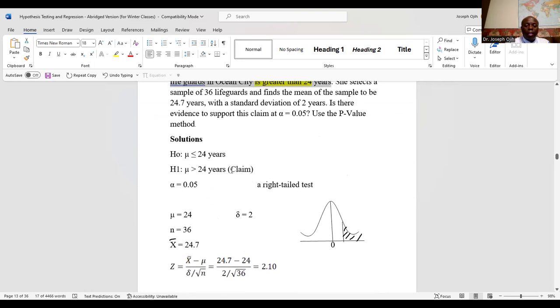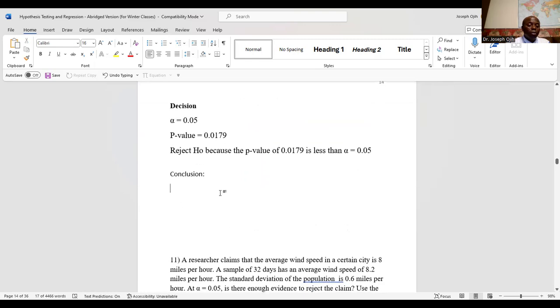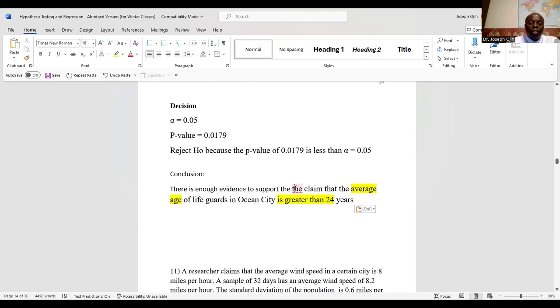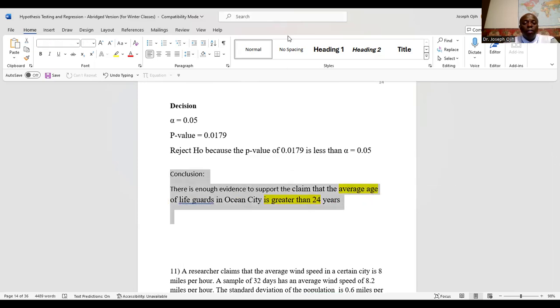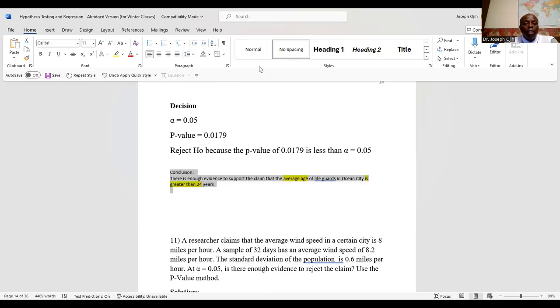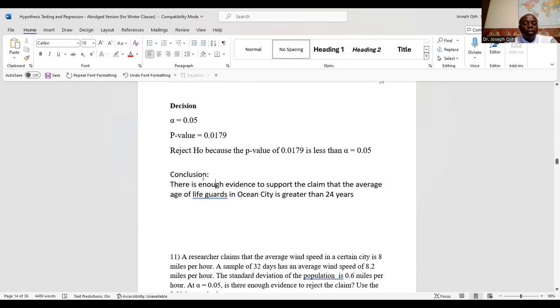That means this claim is correct, that they are greater than 24 years. So there is enough evidence to support the claim that the average age of lifeguards in Ocean City is greater than 24 years. That's our conclusion.